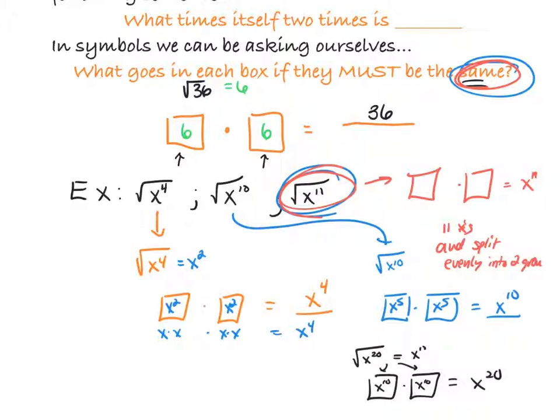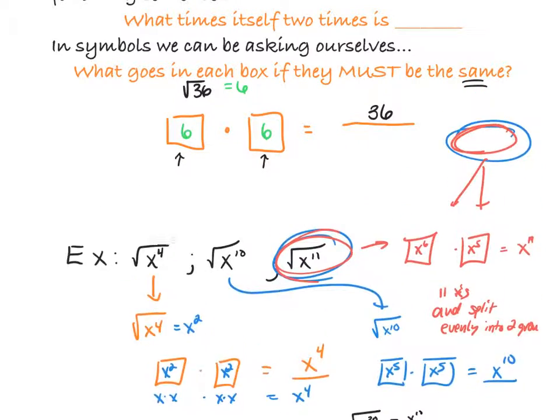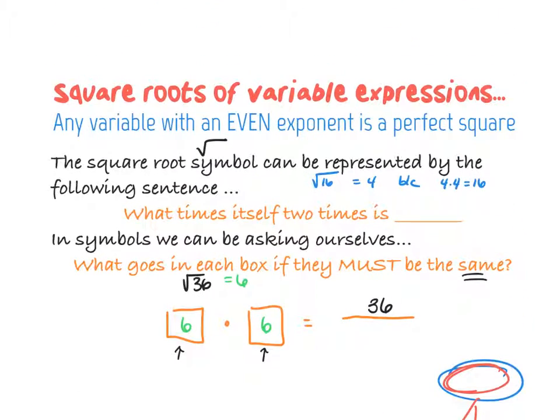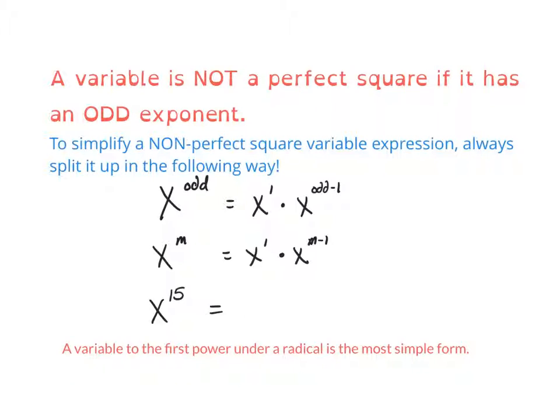It just won't work. I could put 6 here and 5 there, but it's not the same in each box. So summarizing, we only know the square root of a variable if it has an even exponent. If a variable has an odd exponent, it is not a perfect square.